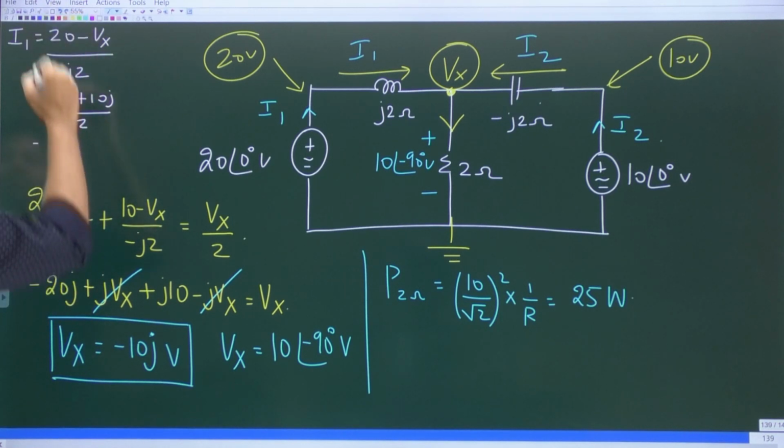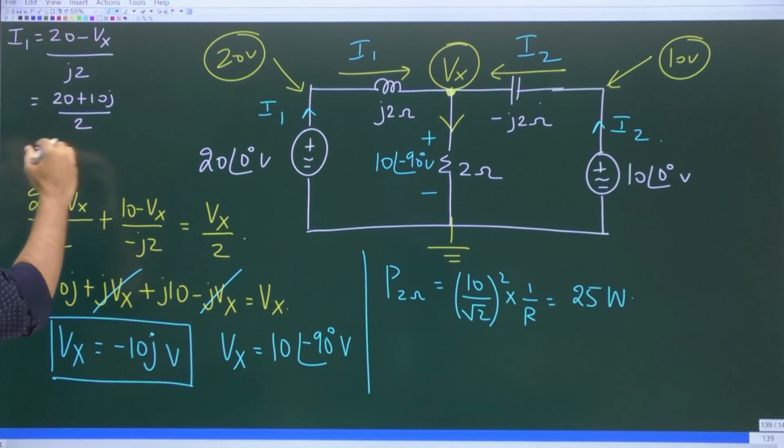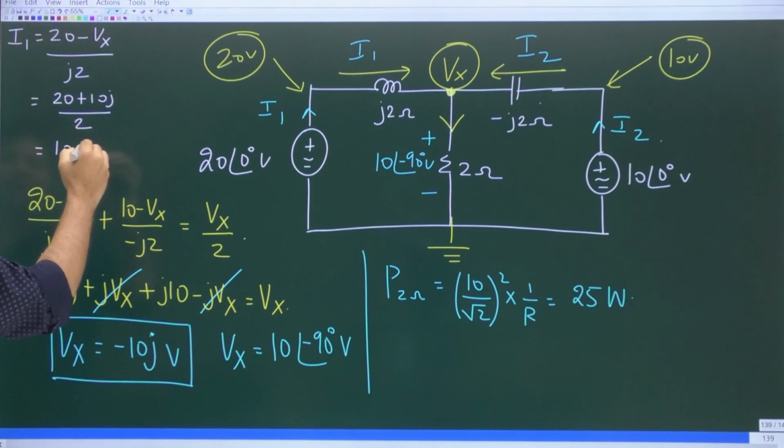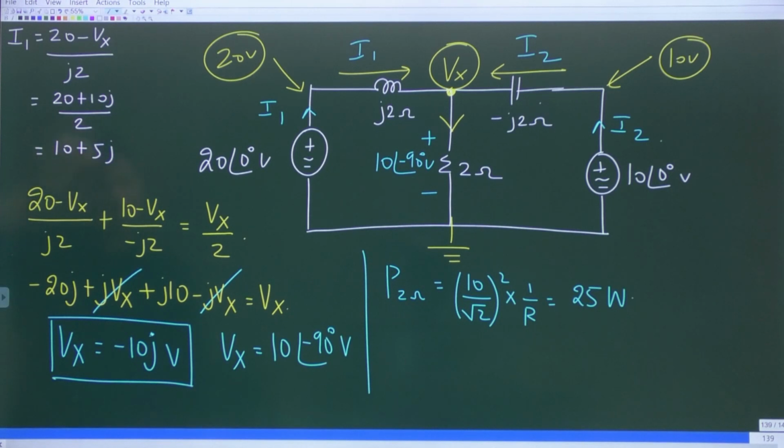Correct, right? 20 by 2 is 10. 10J by 2 is 5J. So this is I1, 10 plus 5J.